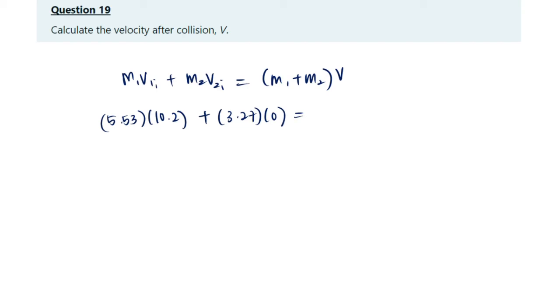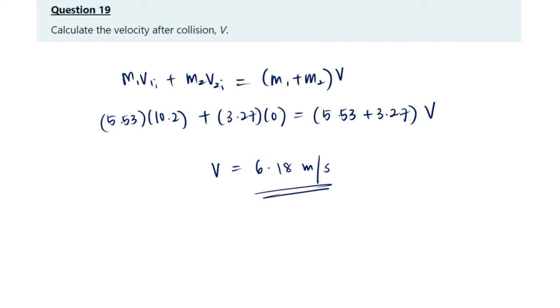So it is going to be equal to mass 1, which is 5.53, plus 3.27, and then multiply with v, right? So the velocity is going to be equal to 6.18 meter per second. Okay, so this is going to be the final velocity that both mass 1 and mass 2 travel after the collision.